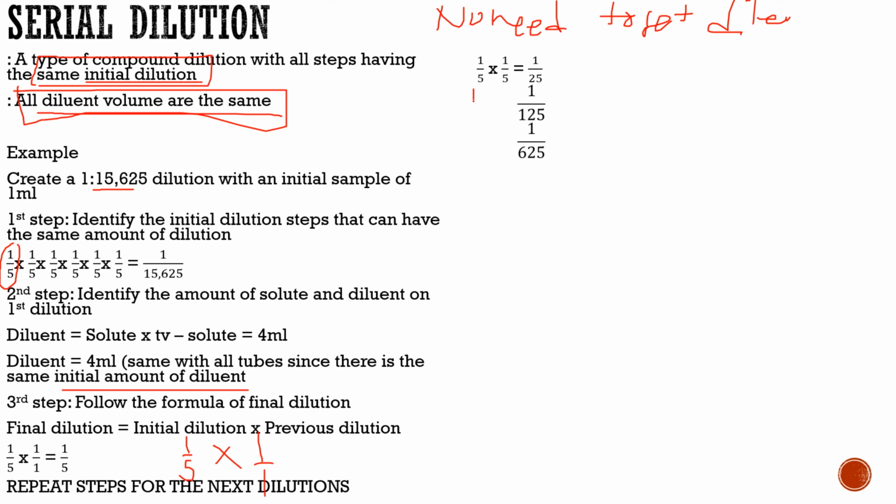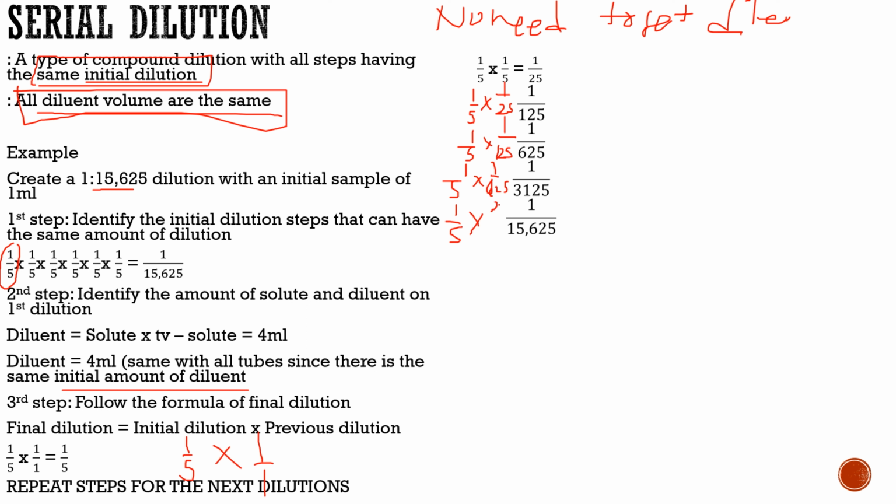Dito naman tayo, class. So, third one. 1 is to 5 times the previous, which is 1 is to 25. You get this 1 is to 125. And then the fourth one, sorry, 625 pala to.